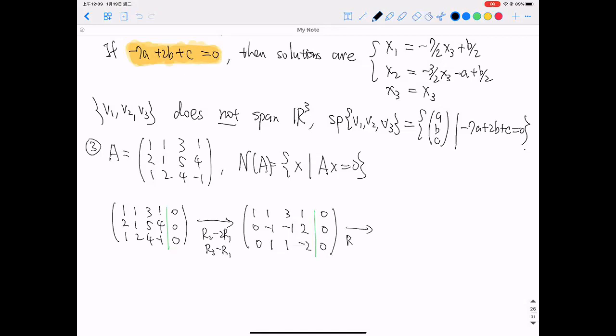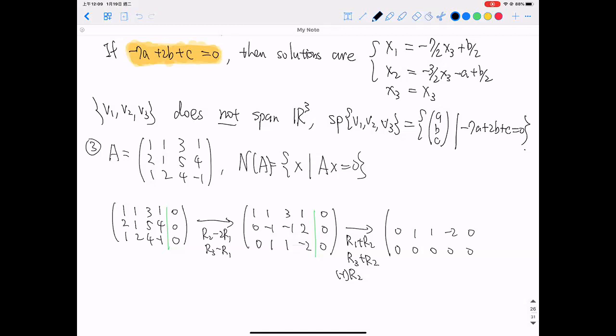Now, R1 plus R2, R3 plus R2, R2 multiplied by minus 1. R3 plus R2 will turn R3 into 0 completely. R2 multiplied by minus 1 will just be flipping the signs.